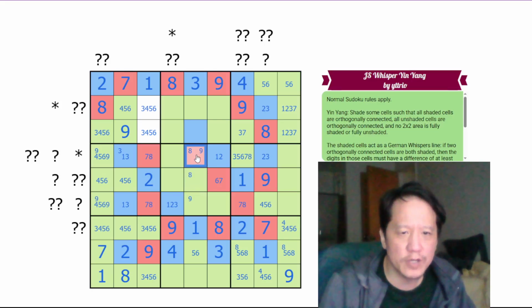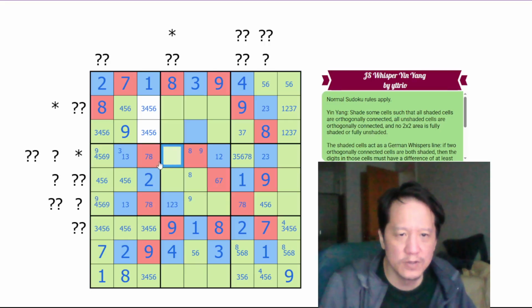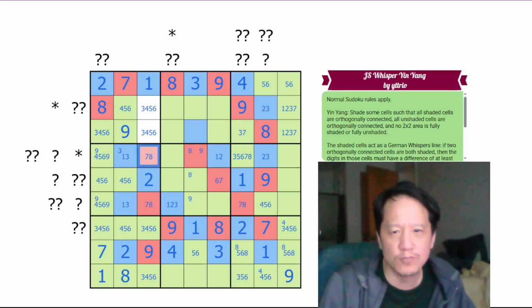If this were 8, this would be 7 and 1. If this were 9, it would add up to a 2-digit number, which it can't. Well, hold up. We don't know that this is shaded or unshaded, right? We're just looking at this path. So then this is adding up to a 2-digit number. It cannot be 7 and 1. It must be 3 and 8 here.